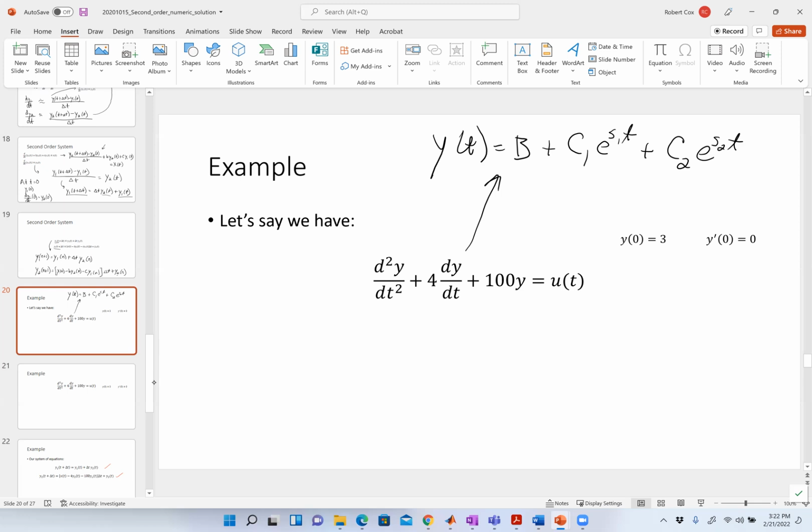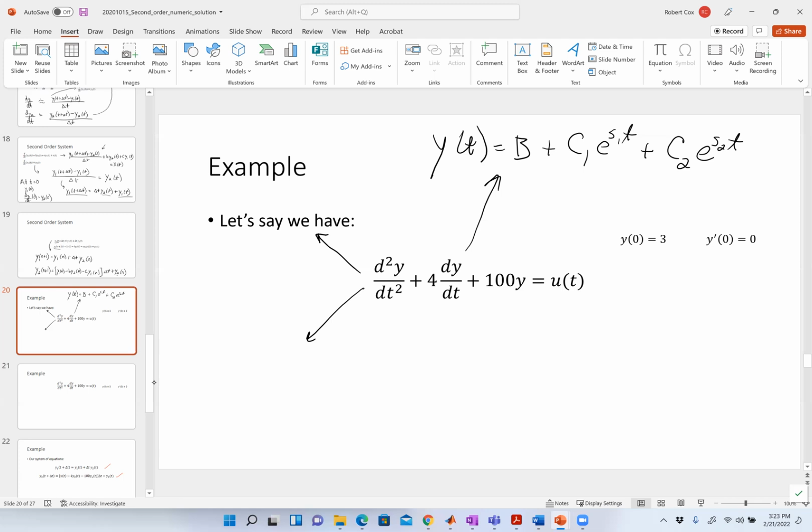What are the possibilities for what those exponentials could look like? Fundamentally, there are three different choices, a range of possibilities.